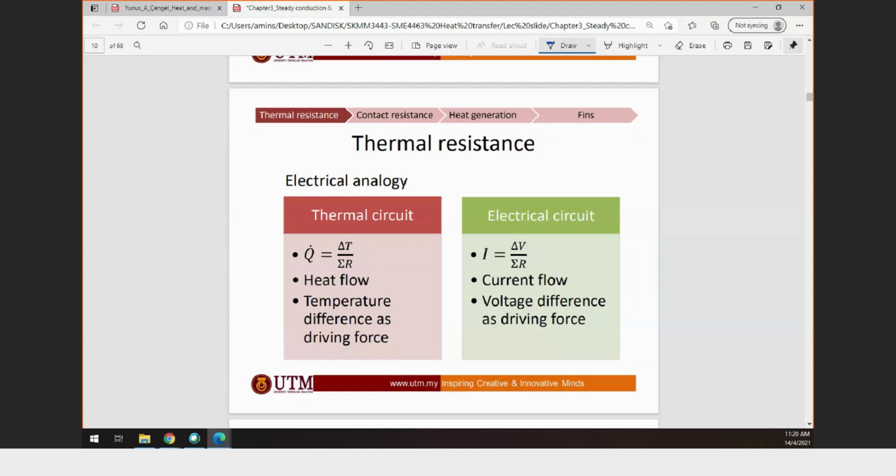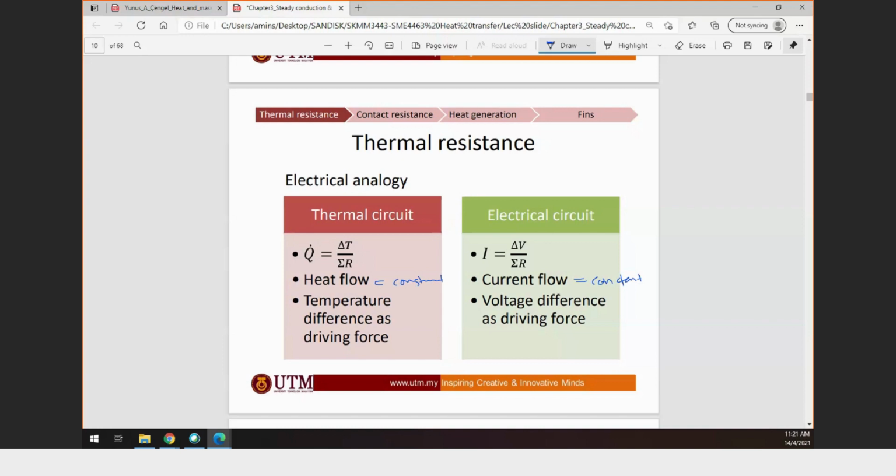If you remember your electrical analogy, the current flow is always constant regardless of any process, throughout the line of the electrical system. The same goes here: heat flow will be constant throughout the system it passes through, whether it is heat conduction or heat convection.